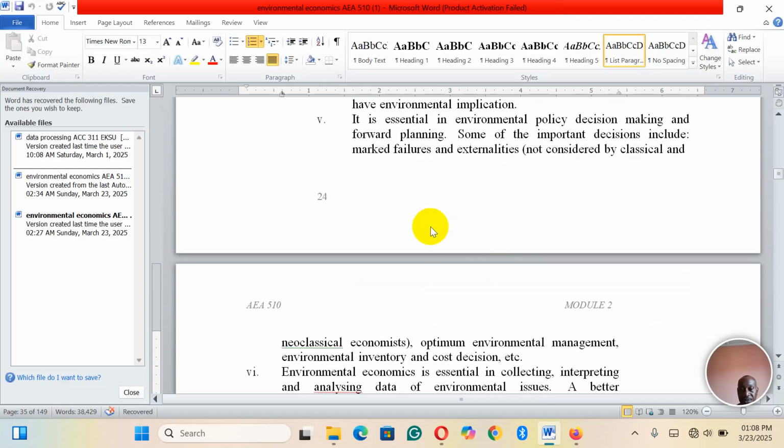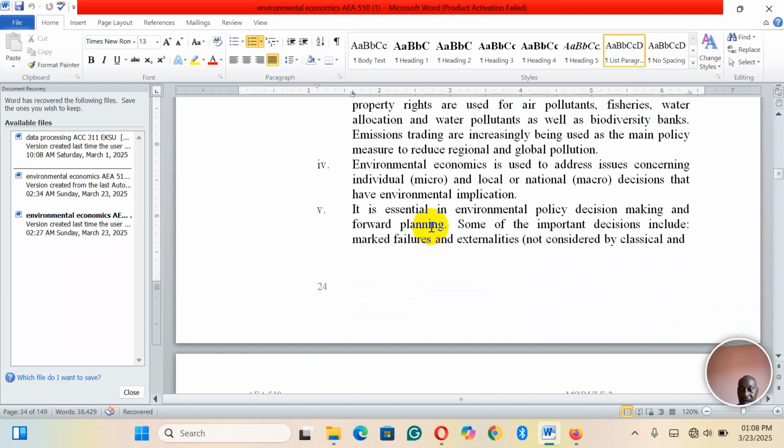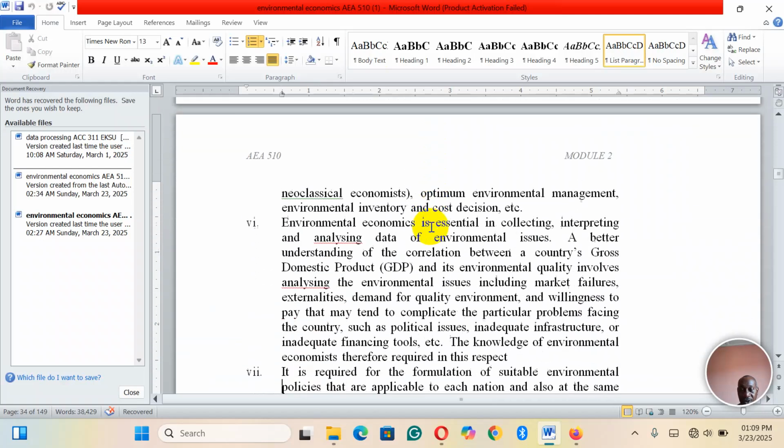Then number four, environmental economics is used to address issues concerning individual, micro and local, national, and macro decisions that have economic implications. Then five, it is essential in environmental policy decision making and forward planning.